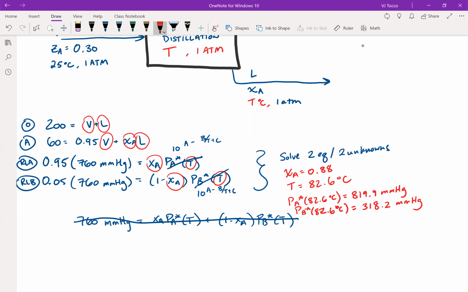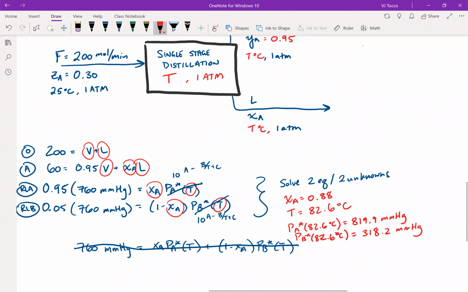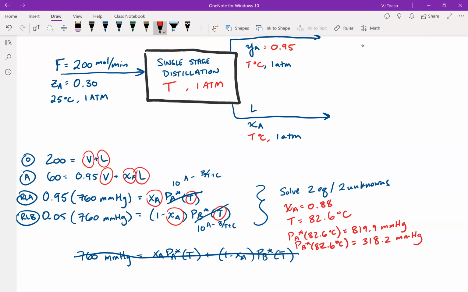So we've got the composition of the liquid stream, but already you may be noticing that something is odd. And that is if my vapor stream is 95% and my liquid stream is 88%, both of these numbers are greater than what we started with. So how is it possible that the more volatile component can become enriched in both streams?